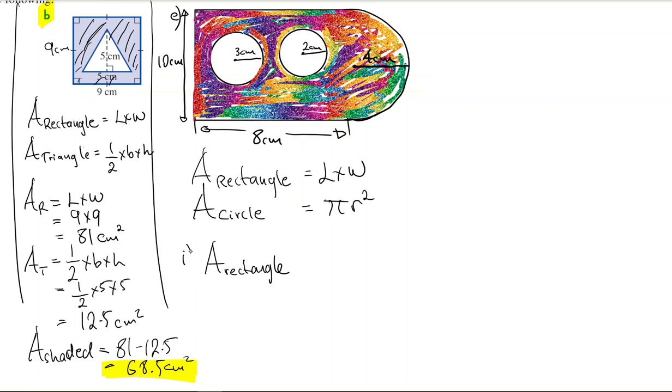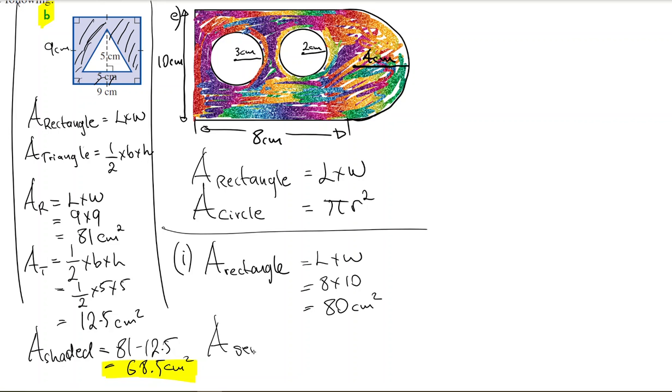So the area of the whole shape: I'll get the rectangle first, that 10 times 8. I'll call this part 1. Area of the rectangle will be length times width. That one is simple, 8 times 10, and I've got 80 centimeters squared. Now can you see on the right hand side, I've got that semicircle? I need to get the area of that semicircle.